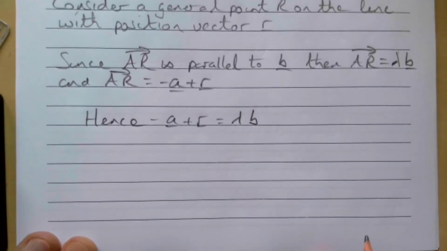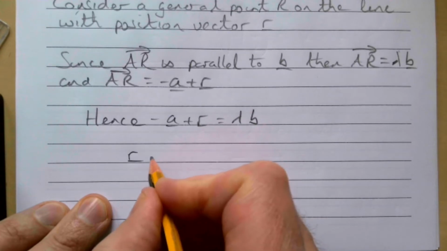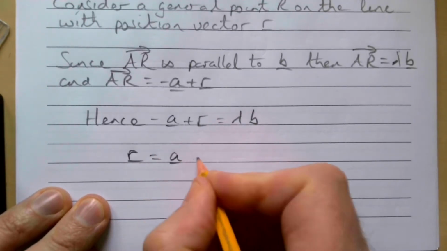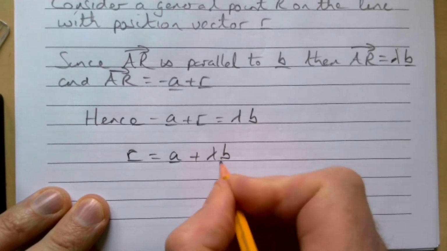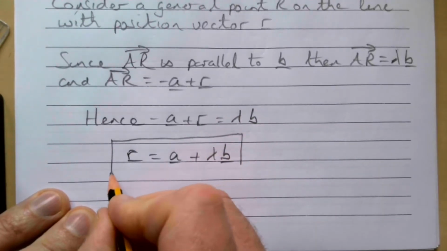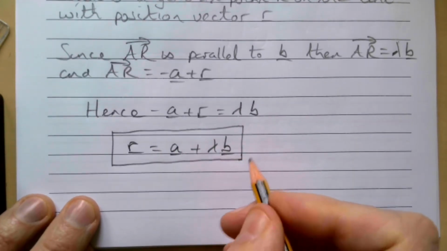And so our equation of the line, and this is the one you need to learn and know and love, I suppose, is r equals a plus lambda b. That then is our general vector equation of a straight line.